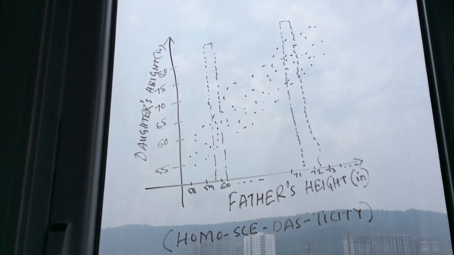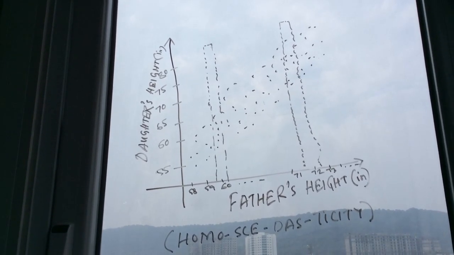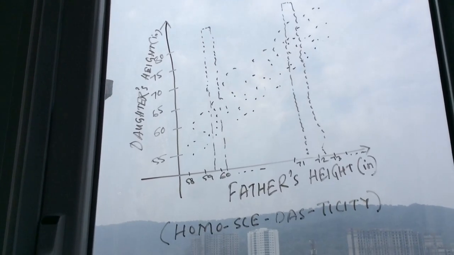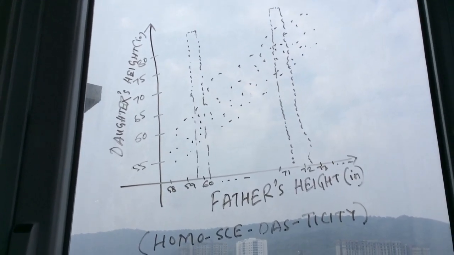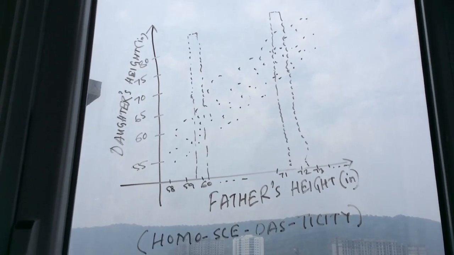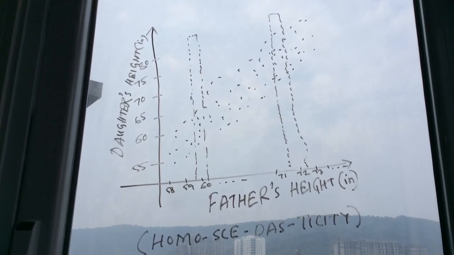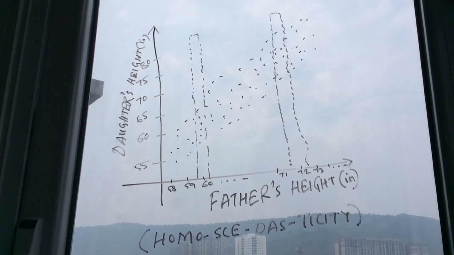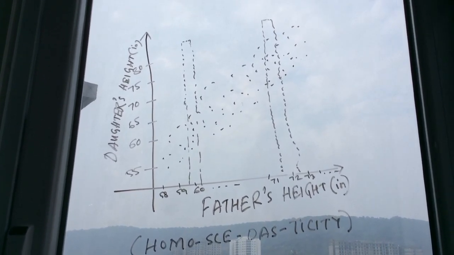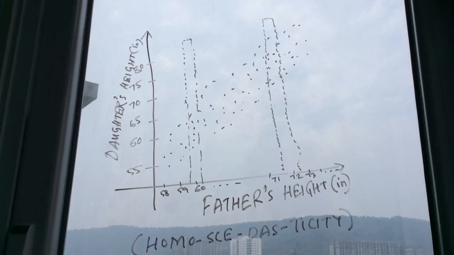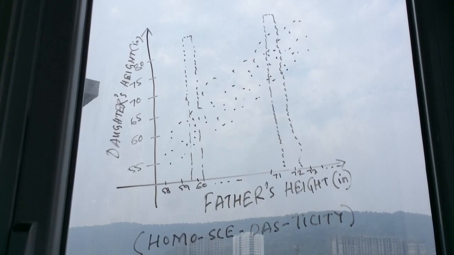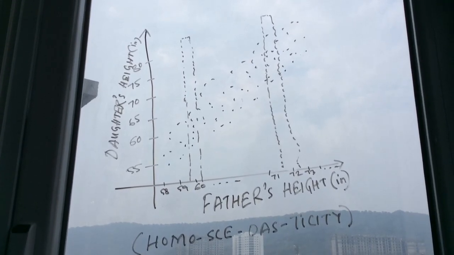Okay, now let's take an example. Father's height in the x-axis and daughter's height in the y-axis, right? And if I take an example here, say I have the data for say 1,000 families, and I have measured the height of fathers, and I found few of them to be 60-inch tall. And I have measured the height of their daughters, and I found some data, and I have plotted it in this scatter plot.